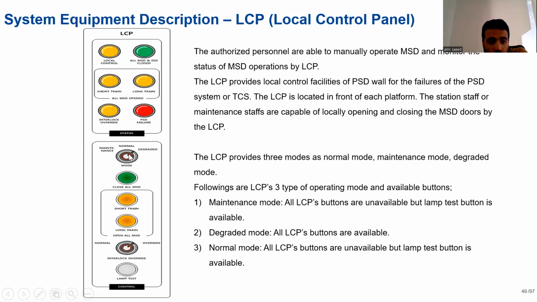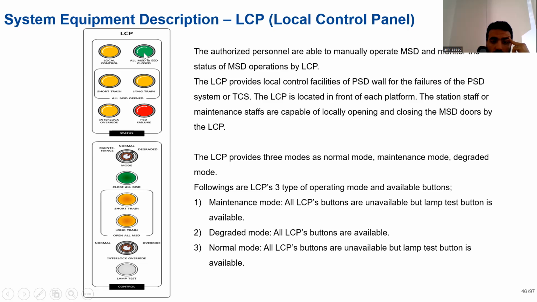when it's selected to normal, you cannot control anything because you cannot control your system automatically and manually at the same time, because you don't need to disturb the system or give two orders, automatically and manually. And this degraded mode, when there is a fault, you can use degraded mode to control, to open and close the MSD.